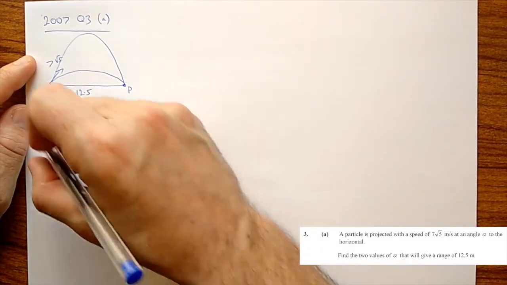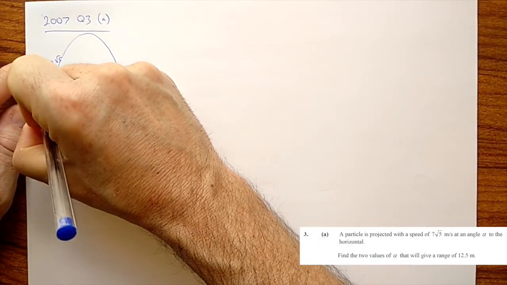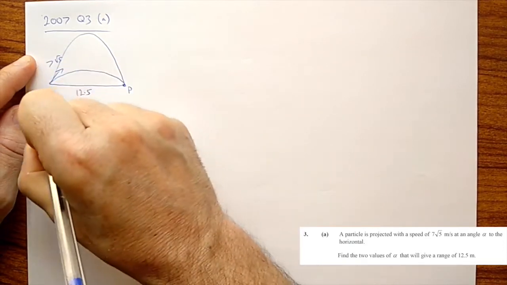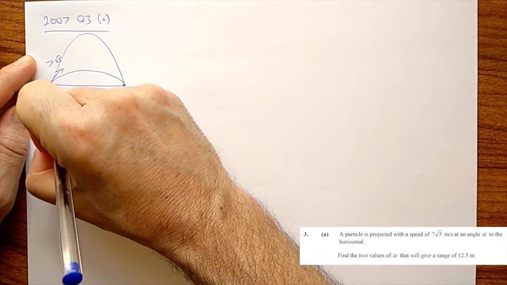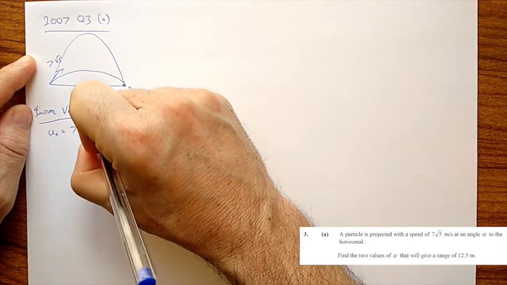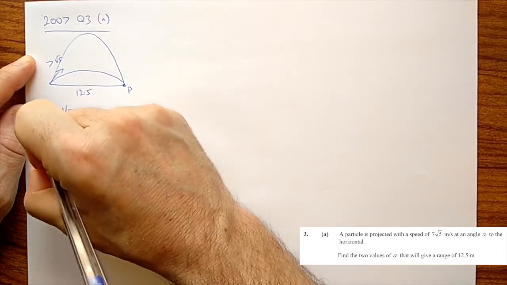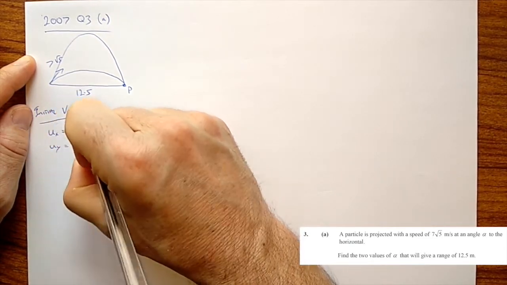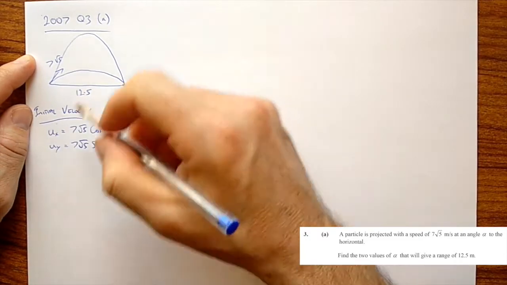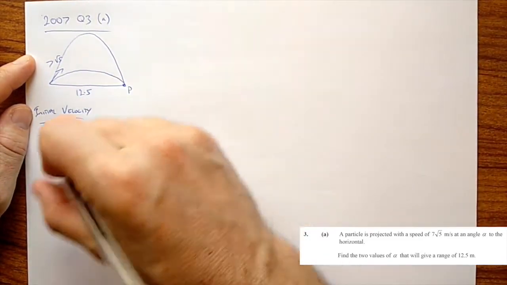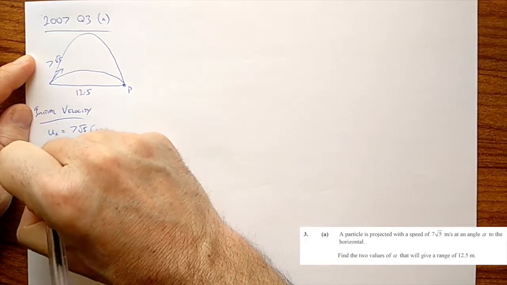Okay, so let's lay out what we have. The initial velocity: Ux is 7 root 5 cos alpha, and Uy is 7 root 5 sine alpha. Just get it down on paper, so we know what we're talking about and we're not going to make silly mistakes. Now, at P, what do we know?